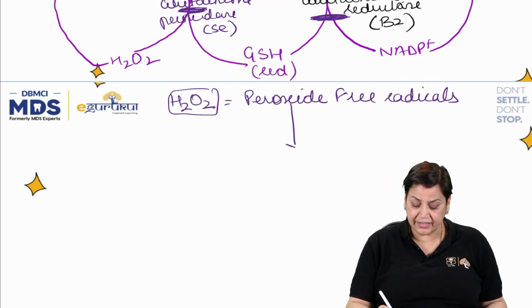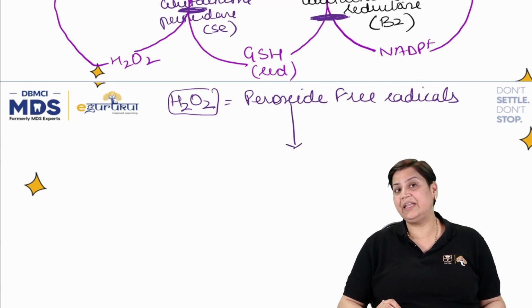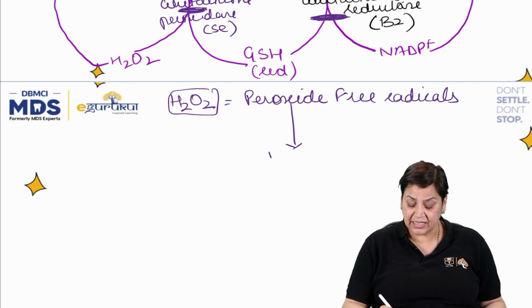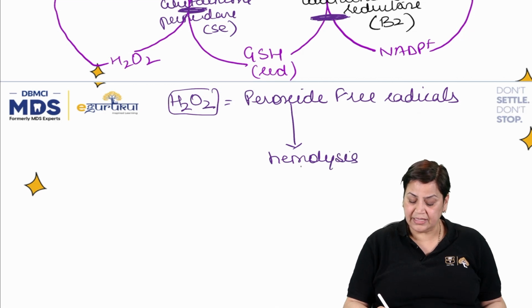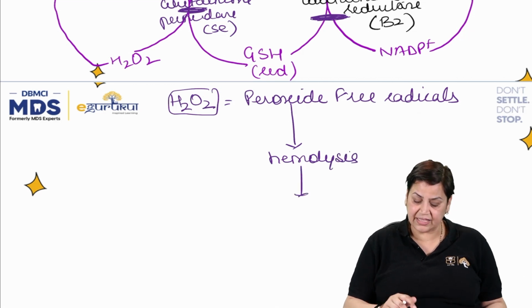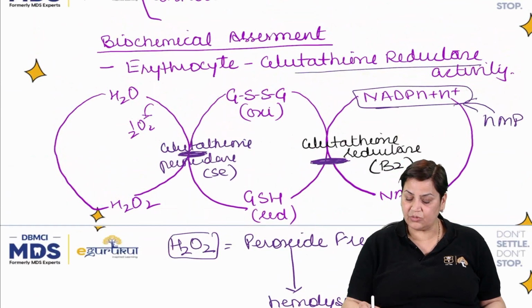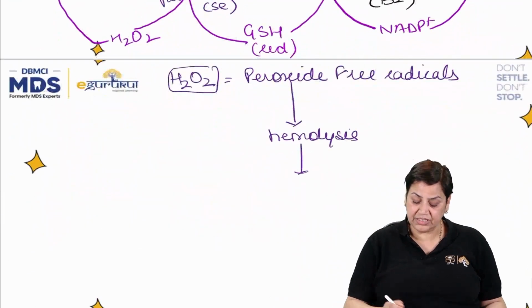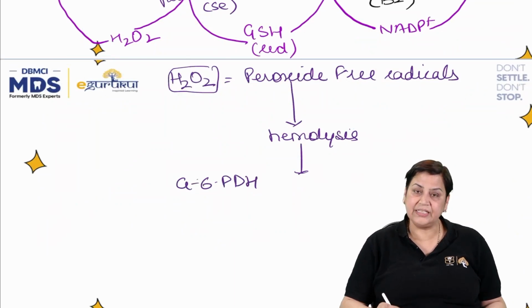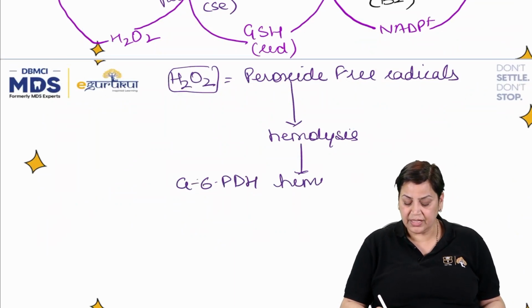That is why, whenever free radicals are released in the body, hemolysis will take place. And that is why the enzyme required to prevent this is G6-PDH. So G6-PDH deficiency will lead to hemolytic anemia.